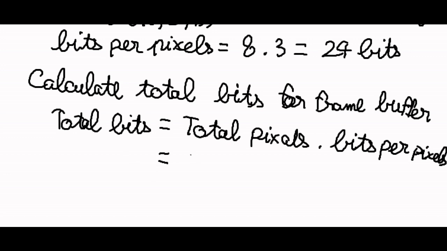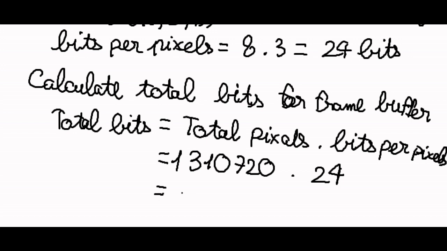And so we already know that there are 1,310,720 times 24 bits per pixel, and it will give us the answer: 31,457,280 bits.